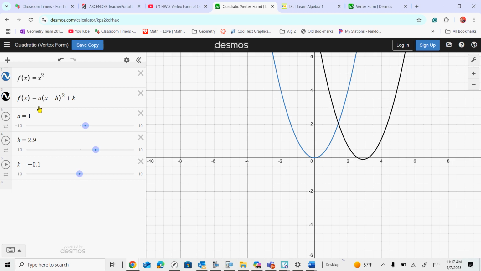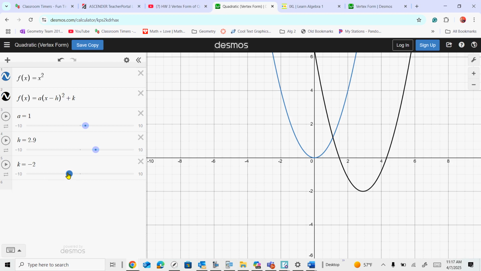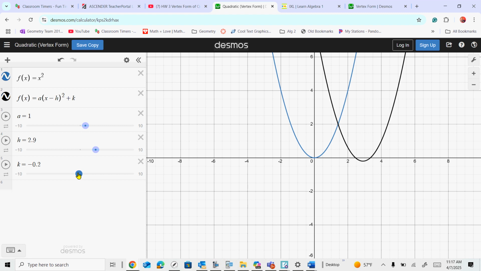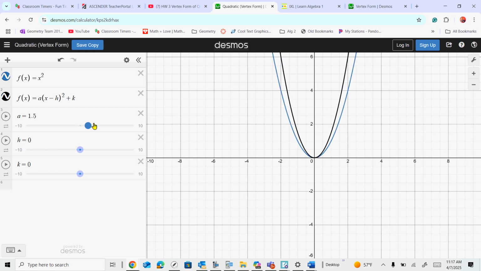The other one we haven't talked about is the A. That's what's in front of the parentheses. Okay, look, pay attention. Let me go back to the origin. Okay, here we go. Here's A. A is 1, a visible 1. Now, if I make A bigger than 1, look what happens. It shrinks. It gets skinnier, narrower.